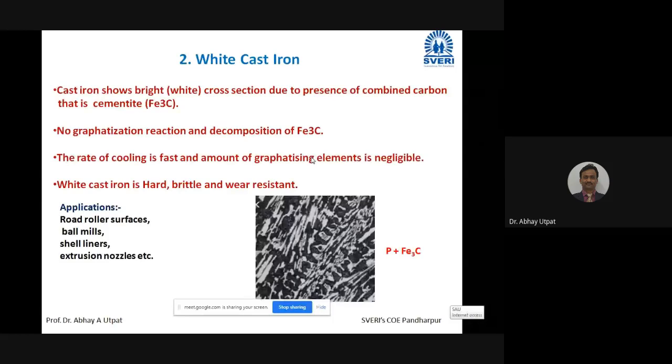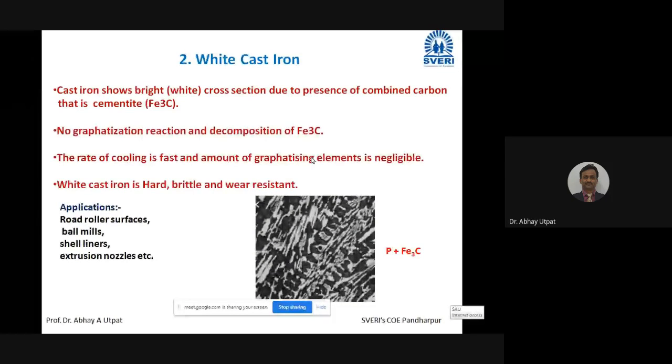It is rotated, and after rotation the material inside gets crushed between the balls and the surface, and in this way the crushing operation is carried out and your material converts into powder. So such hard surfaces are made up of white cast iron. The shell liners, similarly, whatever hard shells are there, their liners are made up of white cast iron. Then extrusion nozzles: you have seen the extrusion process in manufacturing, maybe in pictures or during an industrial visit. That extrusion nozzles are made up of white cast iron.